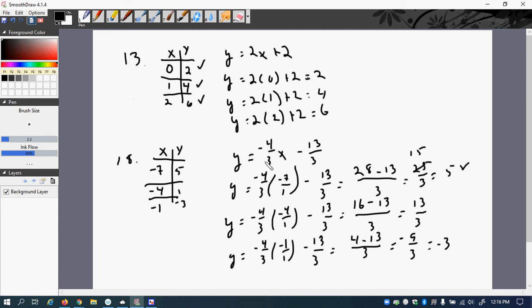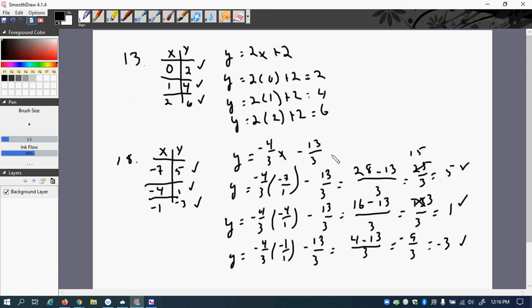So that's checking with this. And then let's see what I do here. This is 16 positive, and 16 minus 13. Oh man, I made another mistake. That's actually 3, isn't it? So that gives me 1. So that checks off here. And then I get a -3.